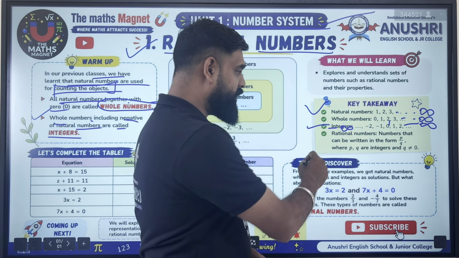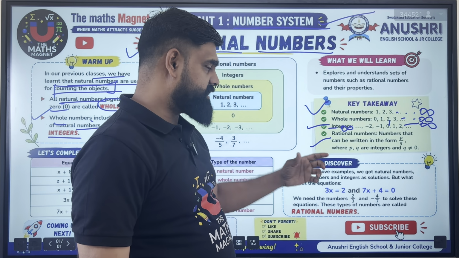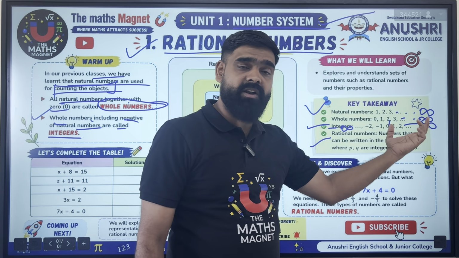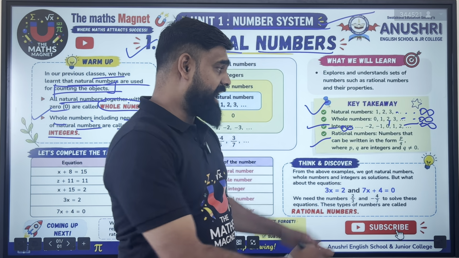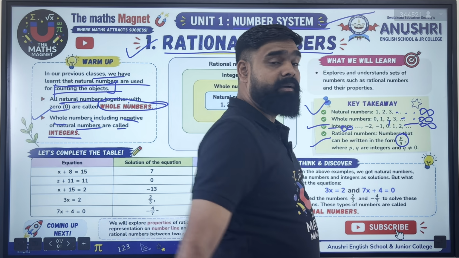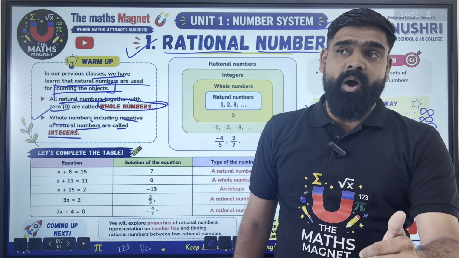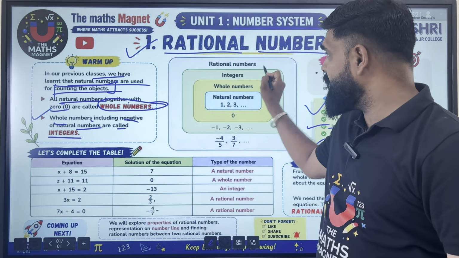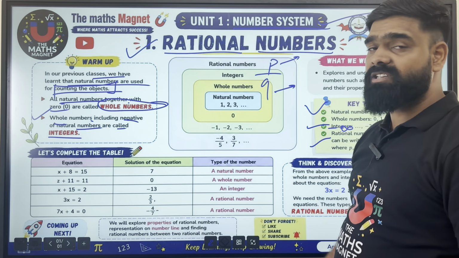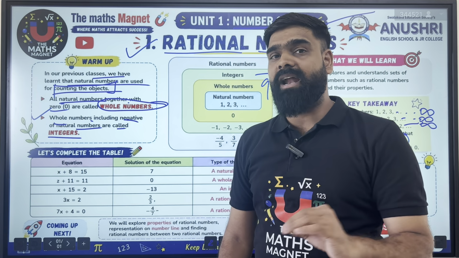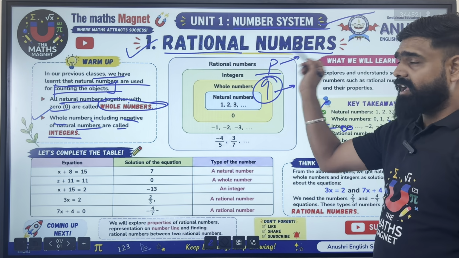What we are going to study in the number system is rational numbers. Rational numbers can be written in the form of p by q, where p is the numerator and q is the denominator.